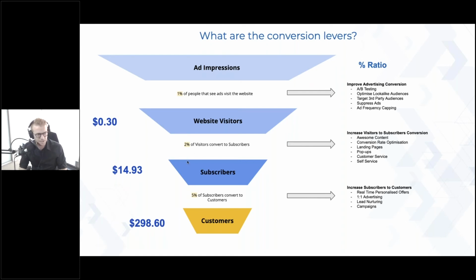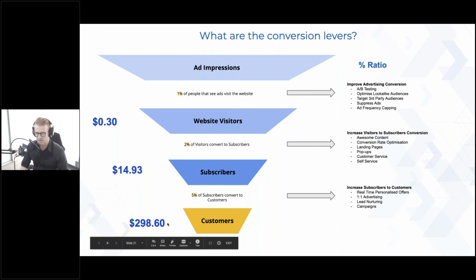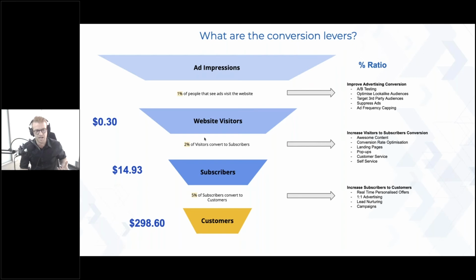This is still 5%, this is still 2%. It means the value of my subscribers actually doubled as well. 5% of $600 is $30. So your lever is your lifetime value. That increases the value of all of your marketing activities, all of the data you're capturing.